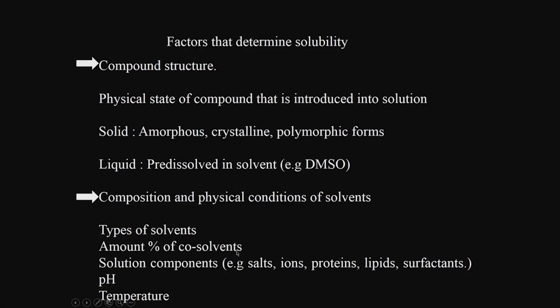Sometimes they also add co-solvents to improve solubility, especially in IV formulation. Salts, ions, proteins, lipids, surfactants. Surfactants can also make it more soluble. pH: modify the pH conditions to make it soluble. Temperature: I can change the temperature. Of course, when we talk about an oral drug, we will not be able to talk about changing temperature.